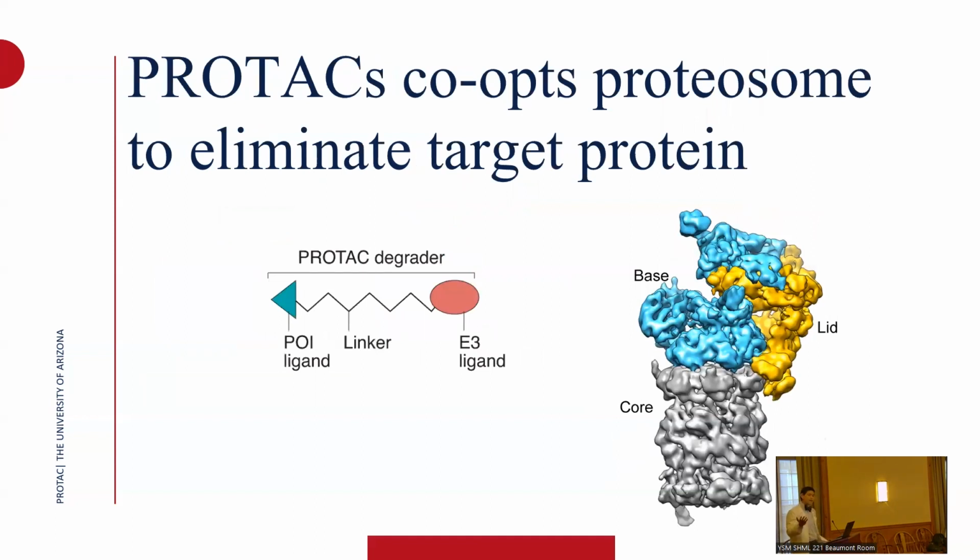It co-opts a naturally occurring protein recycling mechanism in cells to eliminate target protein. Right this second, everyone's cells are making different proteins to carry out different functions. And as these proteins are synthesized and sent to different locations, they get degraded, truncated, oxidized.